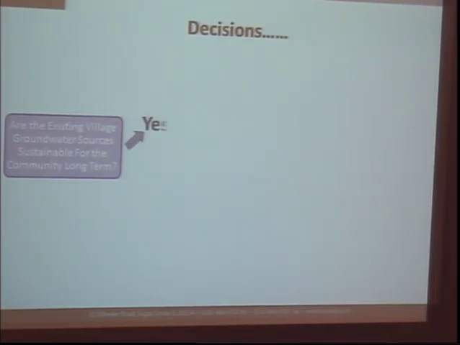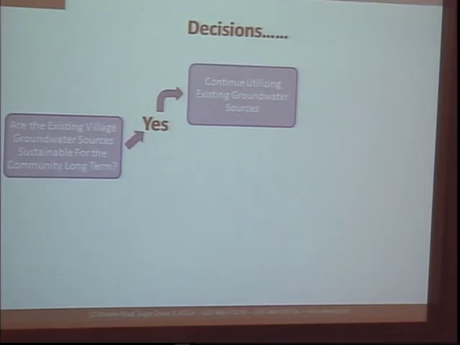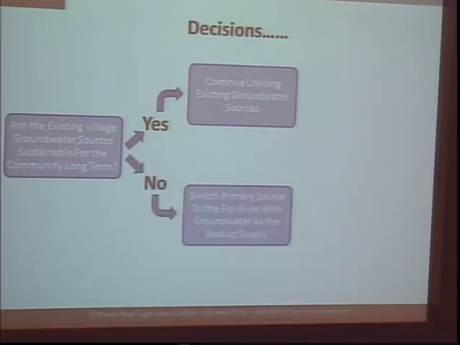If you say yes, then you continue using the existing groundwater sources. If the conclusion is no, there's pretty major concerns relative to that, then the choice, based on what we've shown, because other options are not viable, is to switch to the Fox River with groundwater as the backup supply.